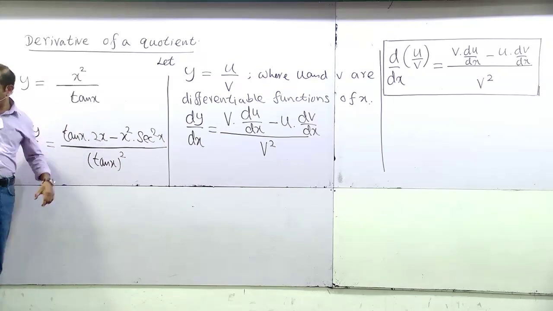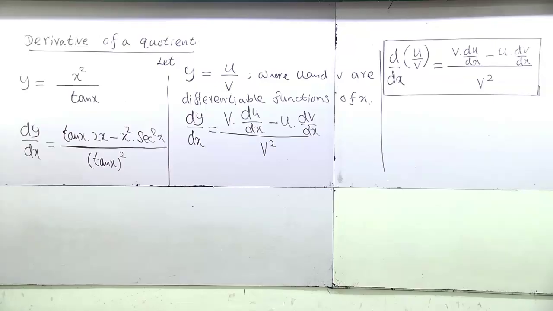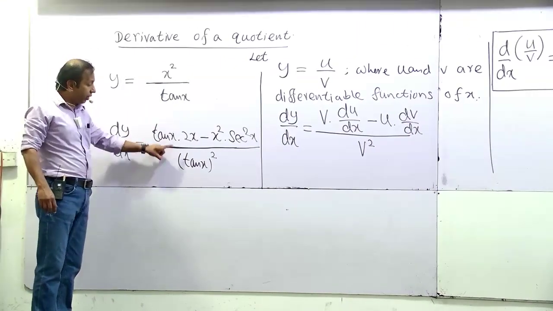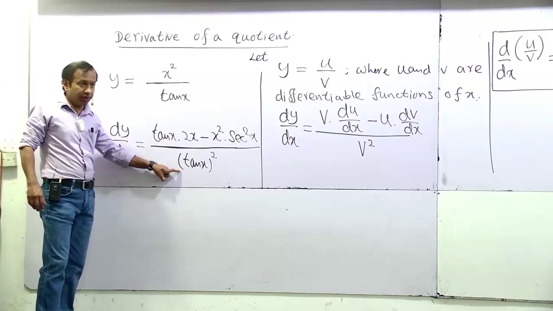Take this example. First square this denominator, v squared, and write it as the denominator of dy by dx.